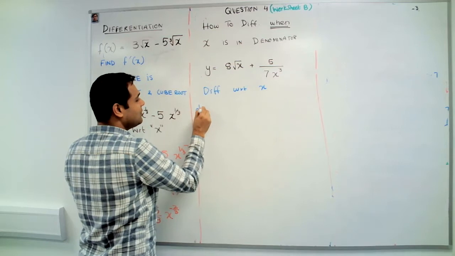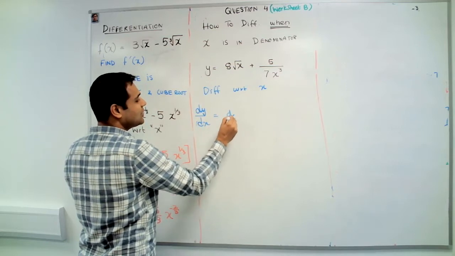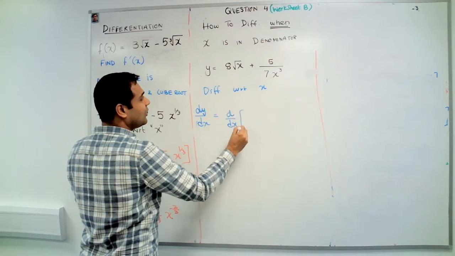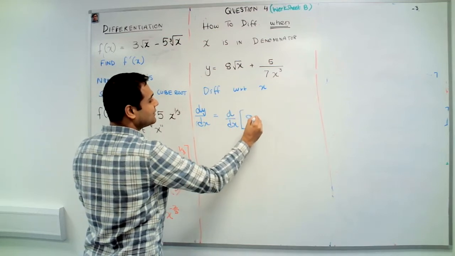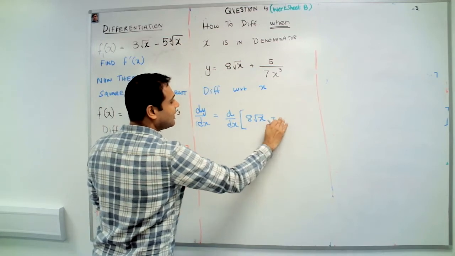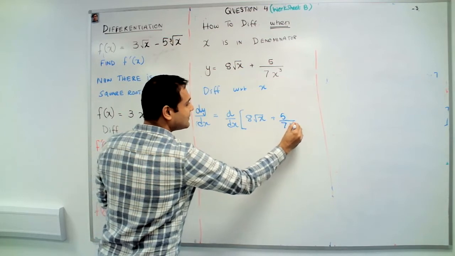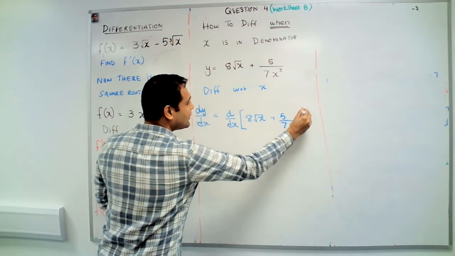And you just put dy over dx equals d over dx of 8 root x plus 5 over 7x cubed.